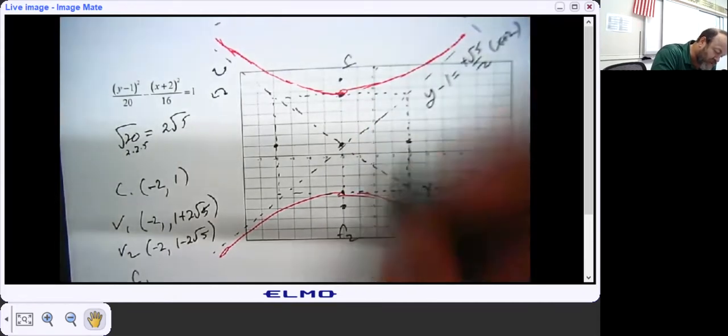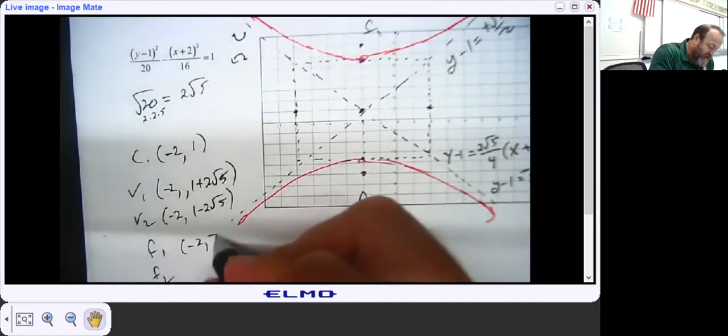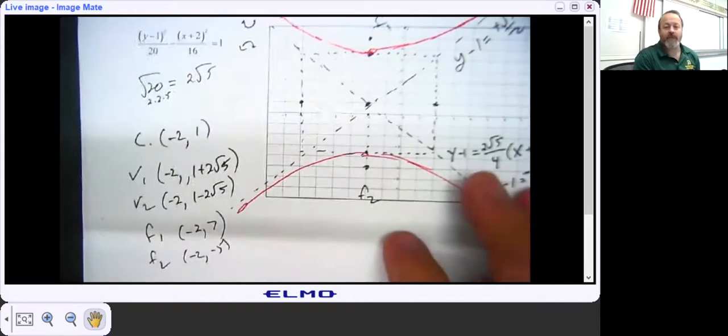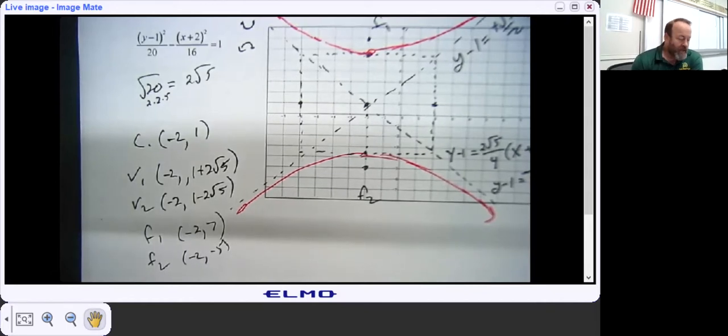There's focus 2. There they are. So again, labeling them, up 6 is 7, and down 6 is -5. I have now thoroughly graphed my hyperbola.